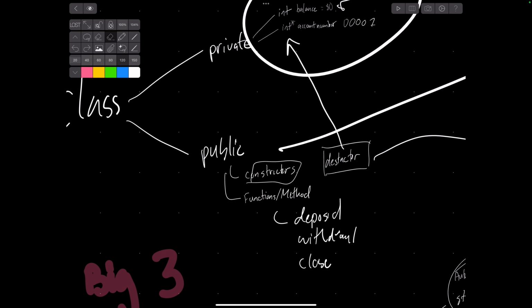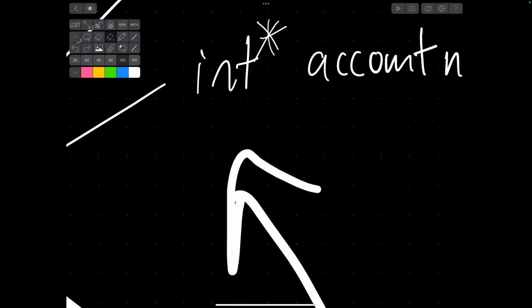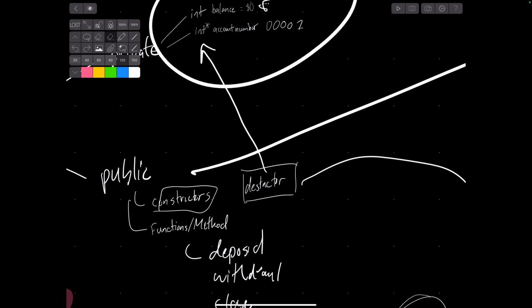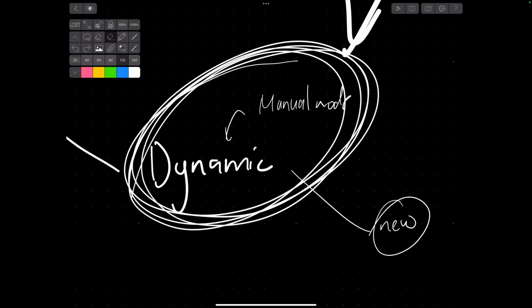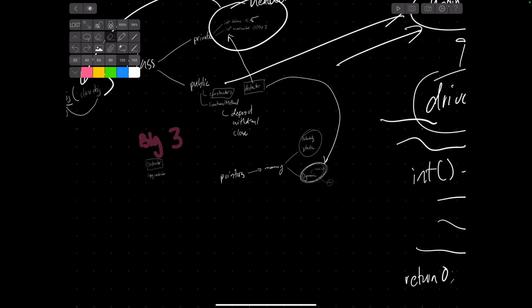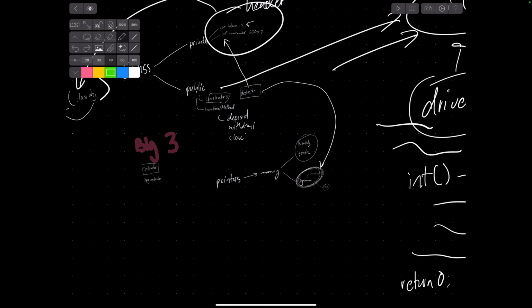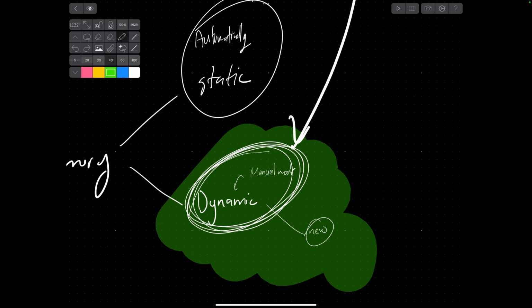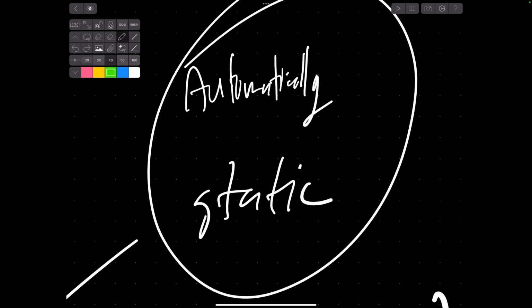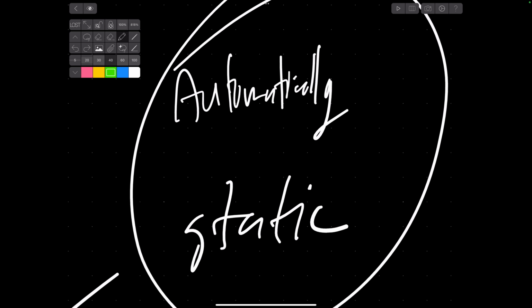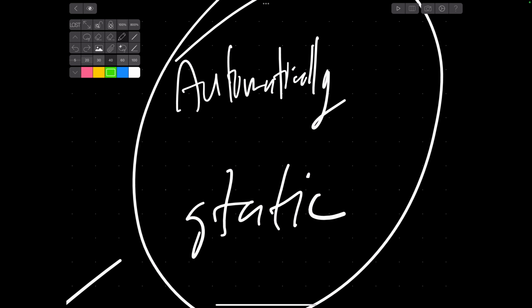But if we have anything that's in dynamic memory, such as this pointer, then we have to make sure we're cleaning up and doing everything properly when it comes to the dynamic. So the real thing is whenever we're dealing with dynamic memory, things are in manual mode, and we're going to have to take care of some of the things that C++ typically takes care of for us, which it normally would if it was a normal class object.